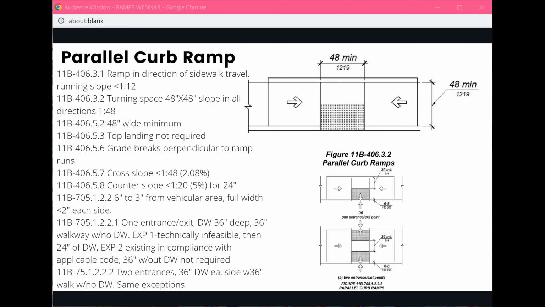There are several sections in the code where the drawings, even though they're meant to clarify, are more confusing and often wrong. I don't know if you remember the slide showing the code section from 1994, with that built up curb ramp in the parking space and access aisle. The same kind of thing there.